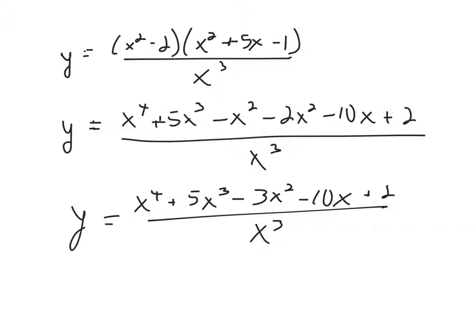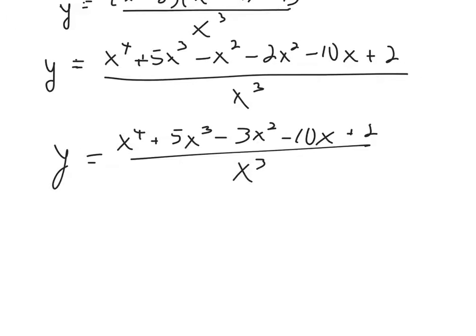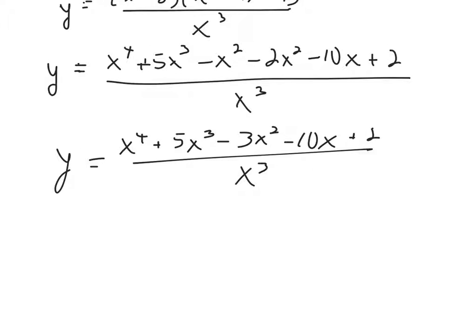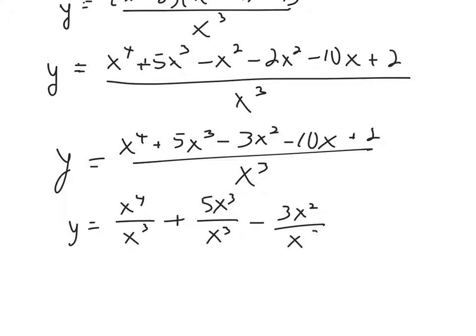So I'm going to give myself some more room here, and I'm going to rewrite that once more. This time it's going to be y equals x to the fourth over x cubed plus 5x cubed over x cubed minus 3x squared over x cubed minus 10x over x cubed plus 2 over x cubed.